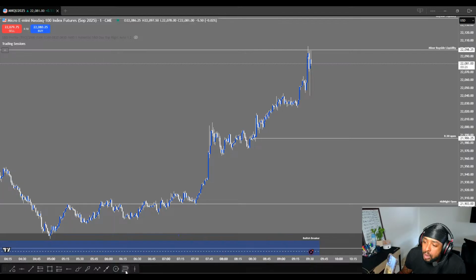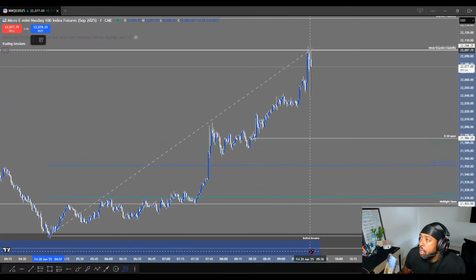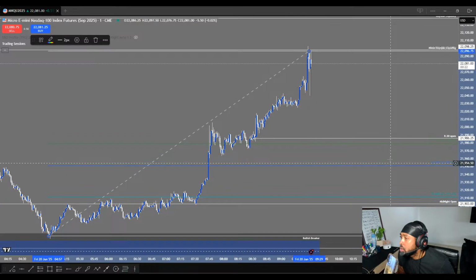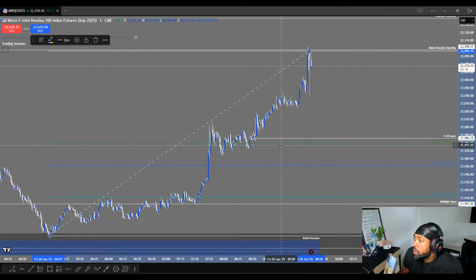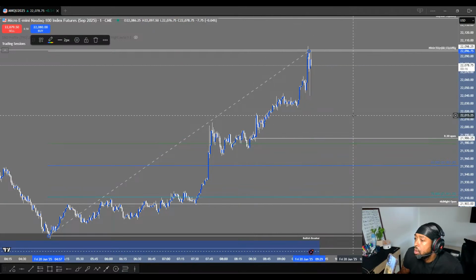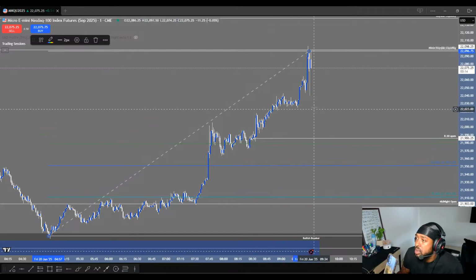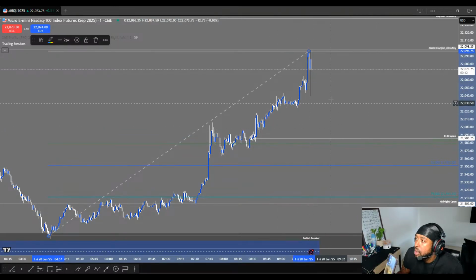I drew the wrong thing. So you use your fib from the low to the high. So you see equilibrium. Equilibrium is right here. So let's see if we get a run on sell side.